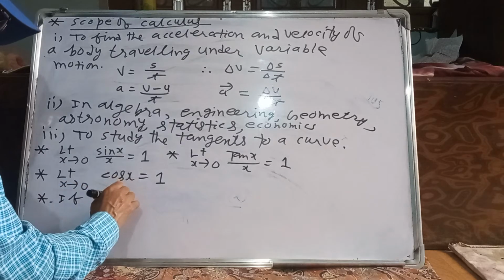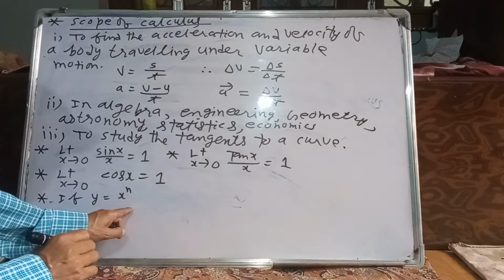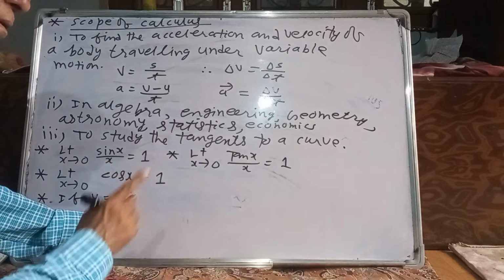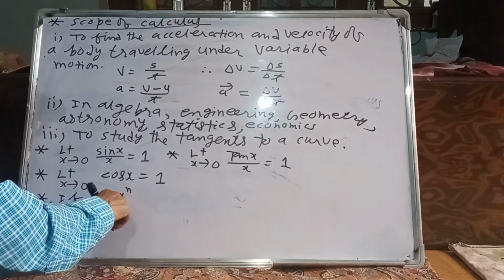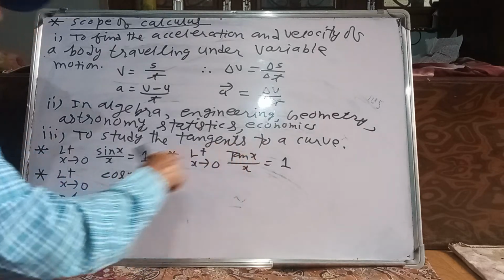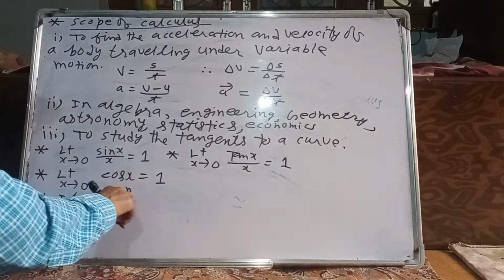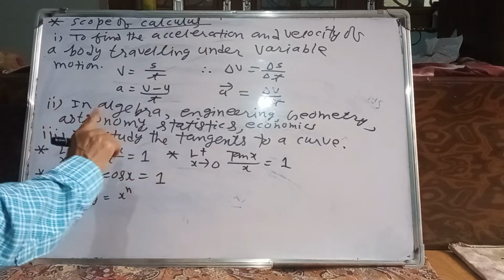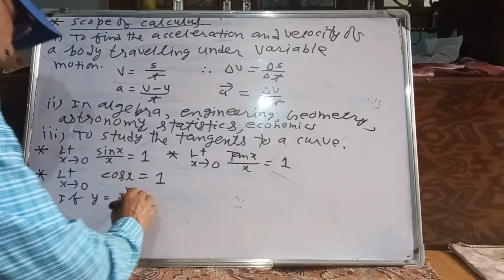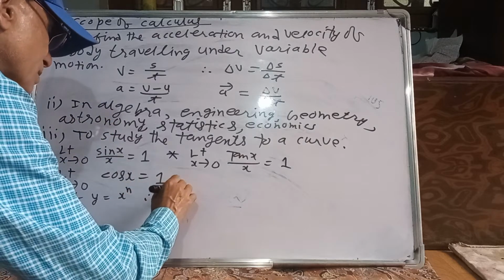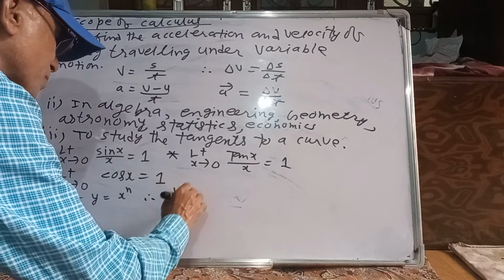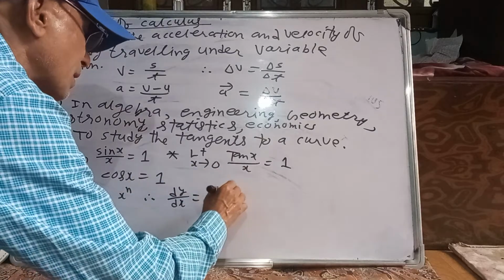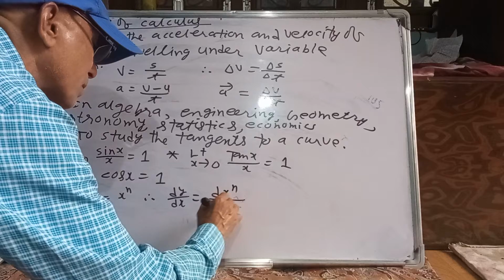Now, another important thing is if y equal x to the power n, where n is any natural number, it may be 1, 2, 3, 4, 5, any fraction or any integer also, -1 by 2, -3 by 4, etc., but not 0, then the differential coefficient of y with respect to x is equal to, how to write down, d x to the power n upon dx.